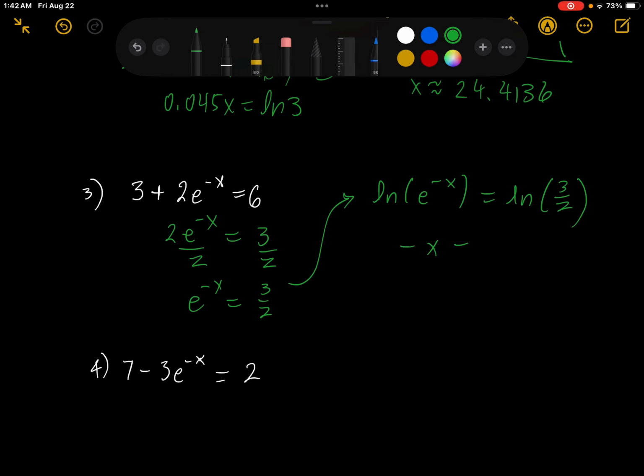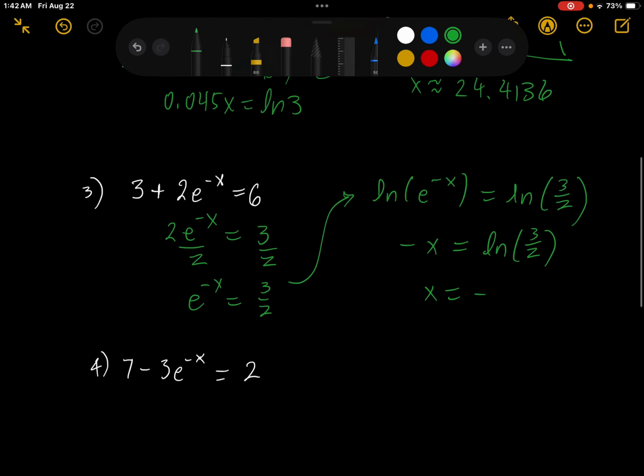That's just negative x. So negative x is the natural log of 3 over 2, and now we can divide by -1. So x is negative natural log of 3 over 2. Okay, and I'll just leave that as the exact answer.